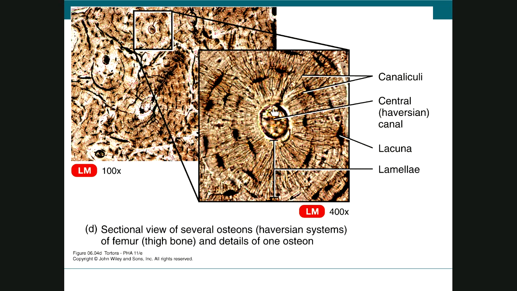So we know this is compact bone. You can see the spaces of the lacunae. You cannot see the osteocyte in here. And see these little lines that connect the lacunae to the central canal? These are the canaliculi. And these plates around the central canal are called the concentric laminae.